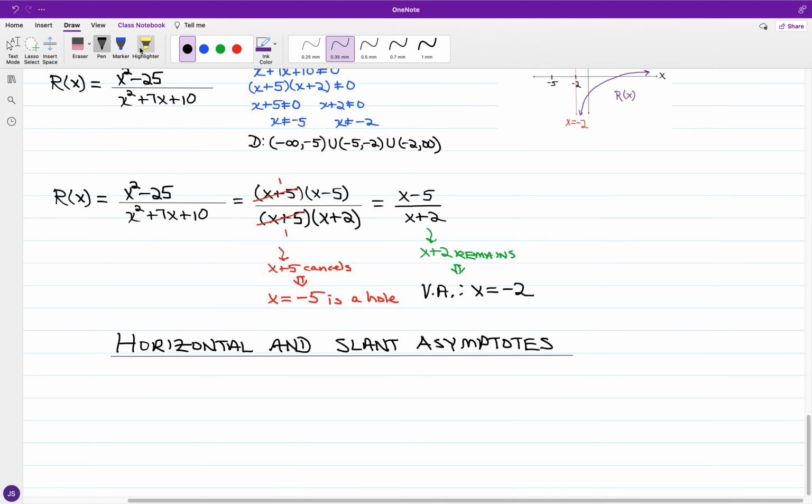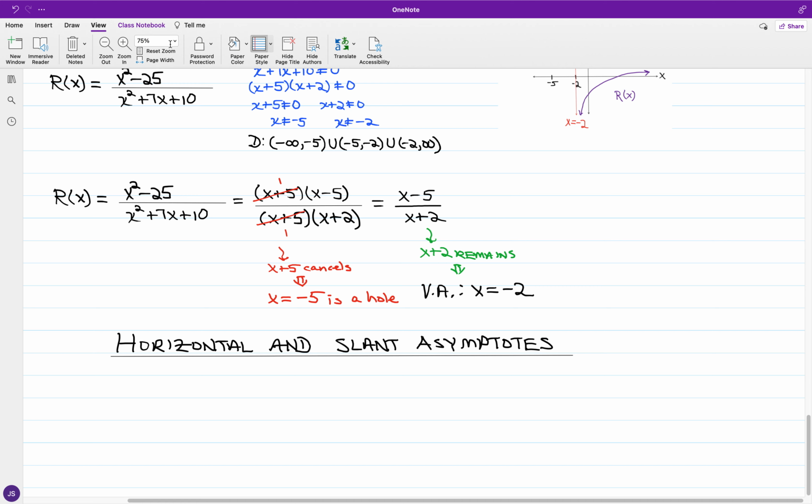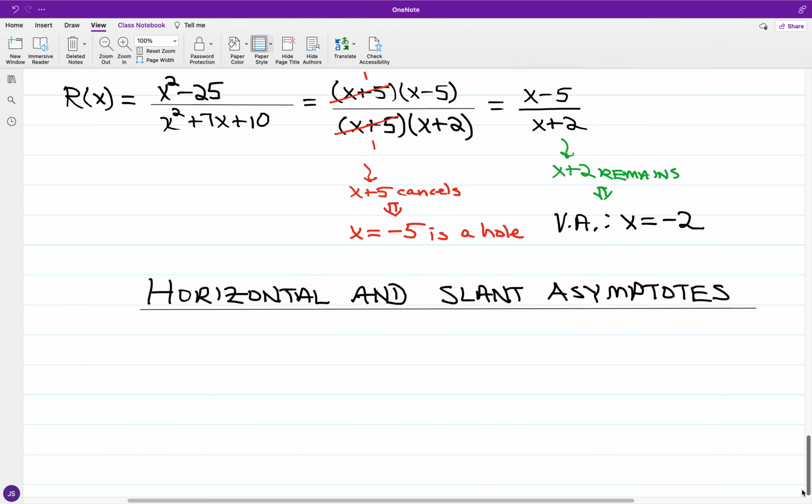And for what we have in terms of classifying the types, this is going to be contingent upon how the degrees of the numerator and denominator of the rational function are going to relate.